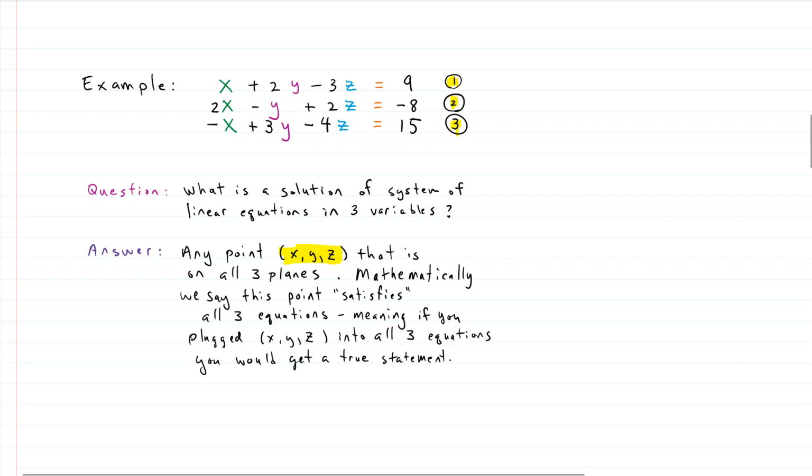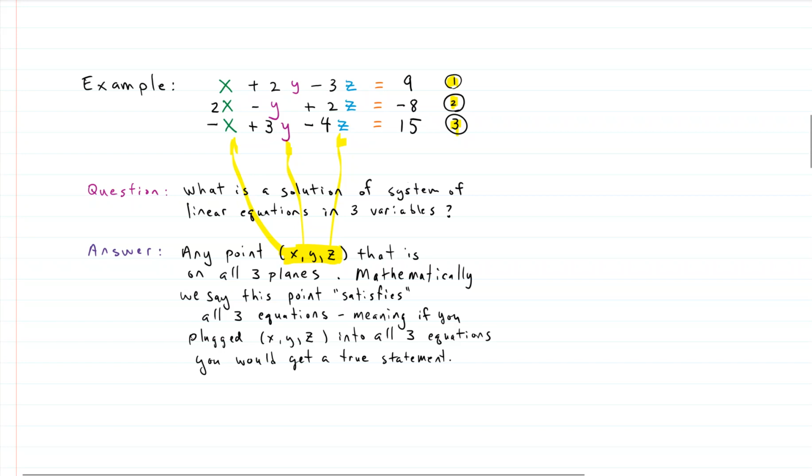And you can verify that a point is a solution to the system by plugging that x, y, z into all of the equations. So you pick an equation, 1, 2, or 3. You plug in that x, y, and z into the x, y, and z in the equation. And if you get a true statement, like 3 equals 3, then you know that that point is on that specific plane.